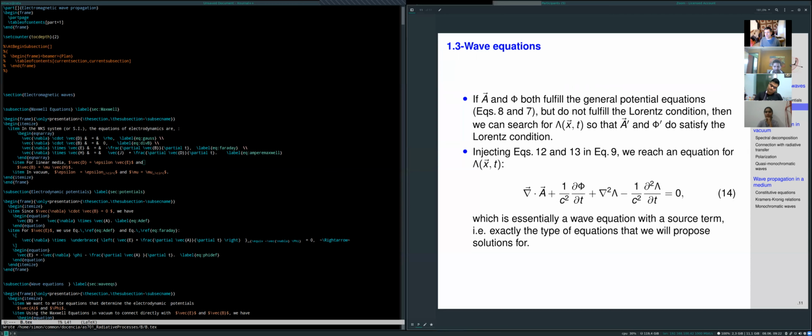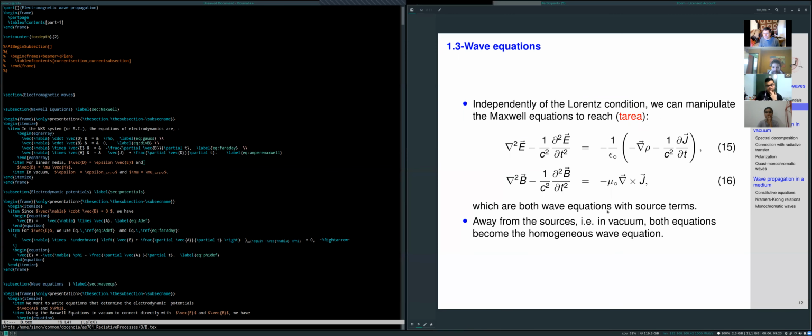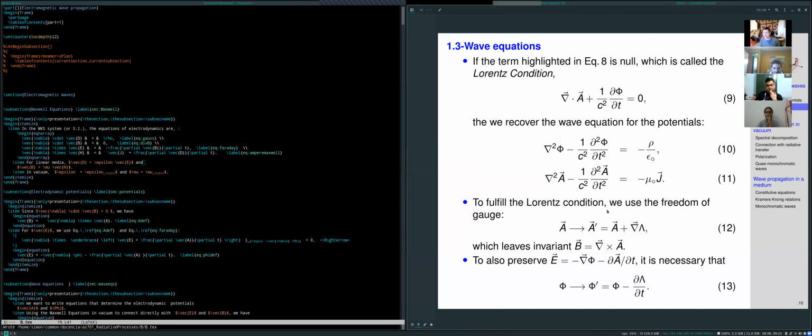Whatever A and phi, this is just going to be a field of position and time, and this is going to lead to some lambda, and so we can indeed find the lambda that will make A and phi fulfill the Lorentz condition. So without loss of generality, we can assume that A and phi always fulfill the Lorentz condition, and are then solutions of the wave equation.